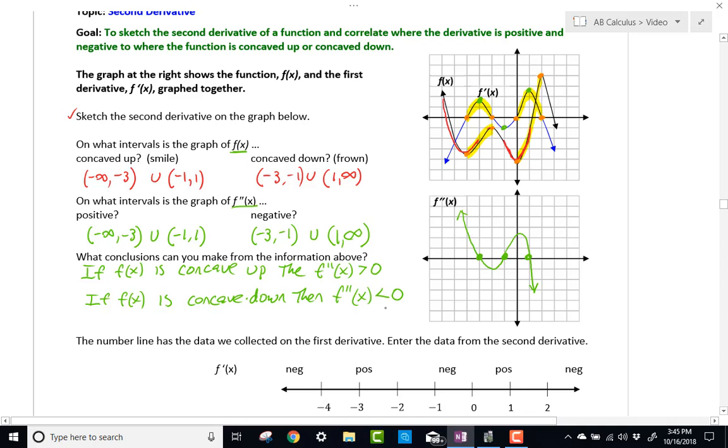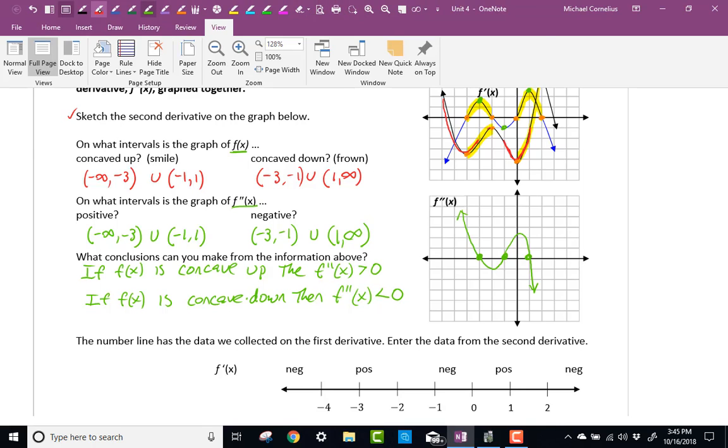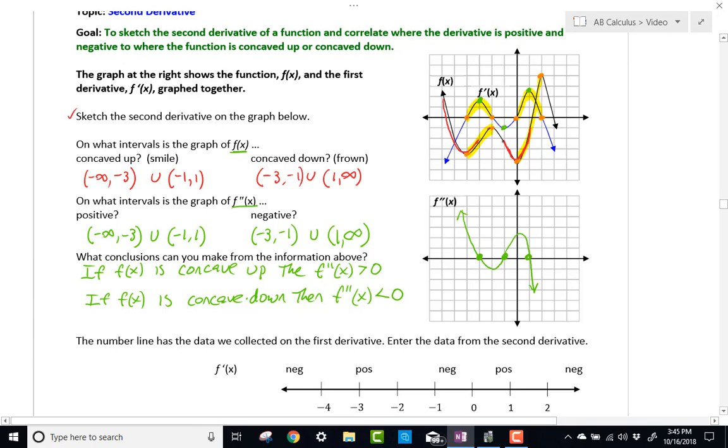So again, I want you to look at my red highlighted areas on f of x. These are the areas where f of x was smiling, concave up right here and over here on this side. Look at my graph of f double prime. I'm positive here and I'm positive here on those same intervals where I was concave up.